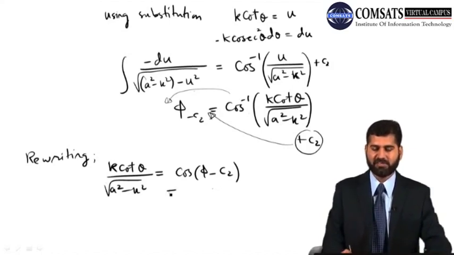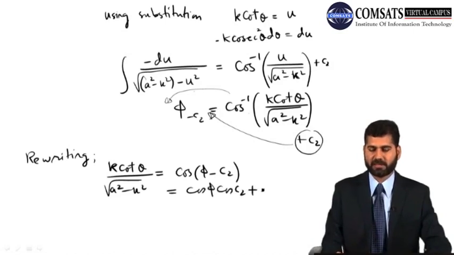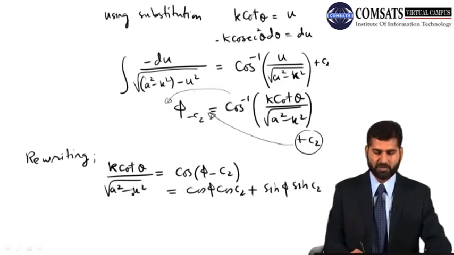And now cosine of phi minus c2 is cos phi cos c2 plus sine phi sine c2. Now if you multiply this on the right hand side, you can write k cot theta, because k over square root of a square minus k square is a constant. This whole thing is a constant.